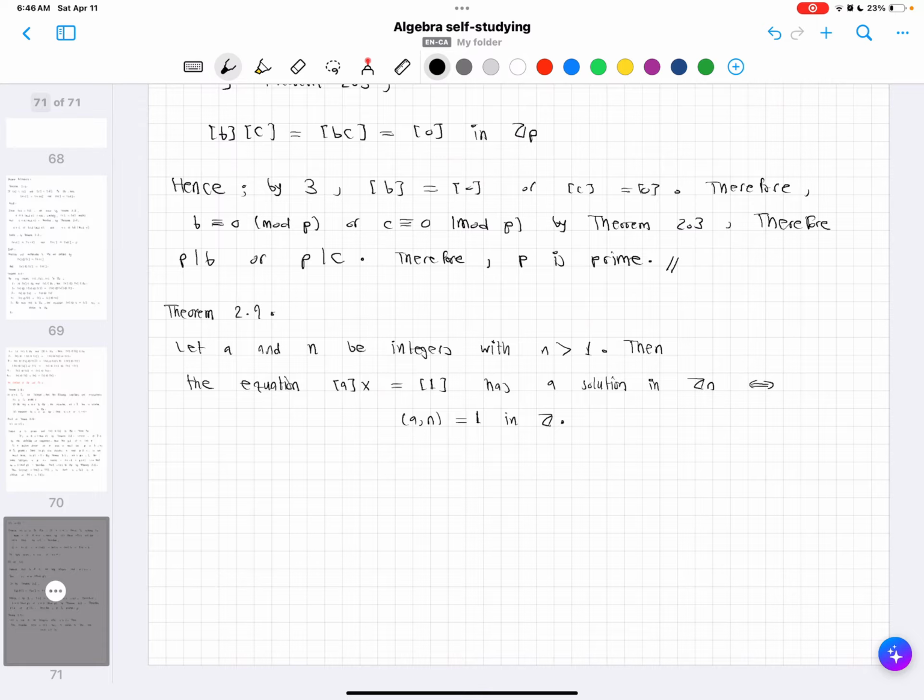So let's prove this result. First, assume that the equation has a solution, and we will show that the GCD between a and n is equal to 1.